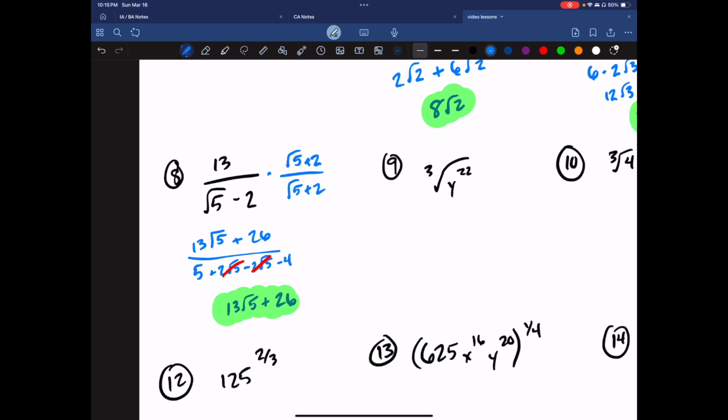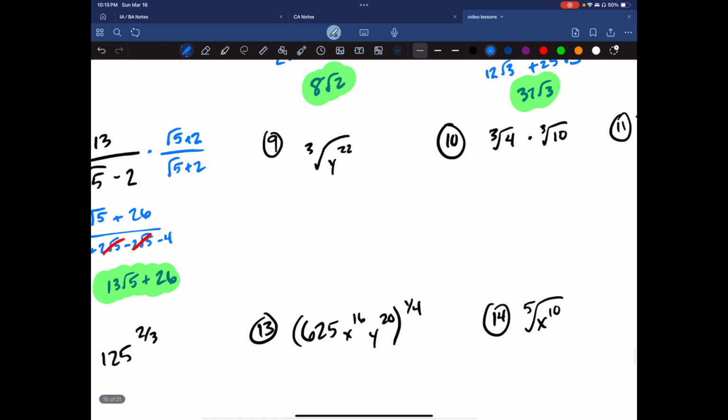Okay, on number 9, you're doing something simple, and that is you're going to rewrite this whole thing. And because this is the cube root, I need a set of 3 in order for it to come out of the radical. Well, essentially, how many times does 3 go into 22 evenly? Well, 7 times 3 is 21.